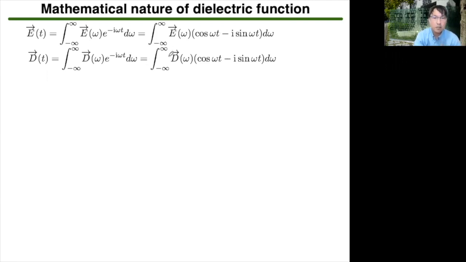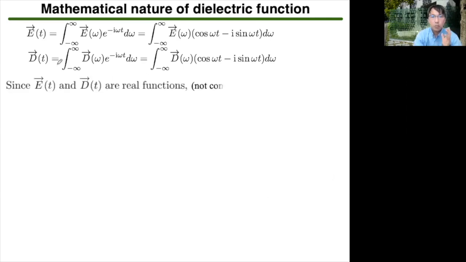Here, the normalization factor 1 over 2 pi is omitted since this is just a constant and does not affect the discussion here. Further, we suppose that the electric displacement D is expressed as the combination of the electric field E and the dielectric function epsilon tilde.